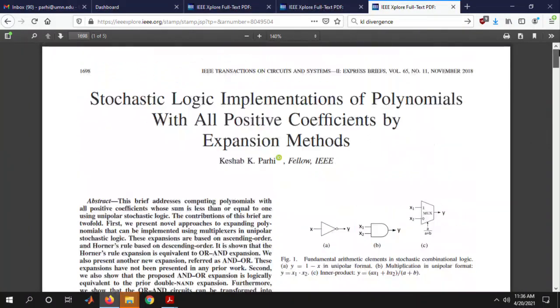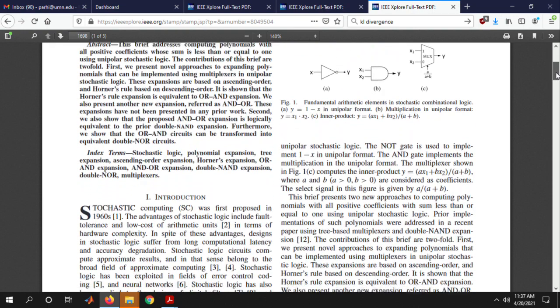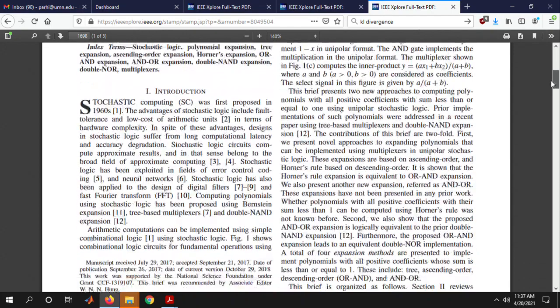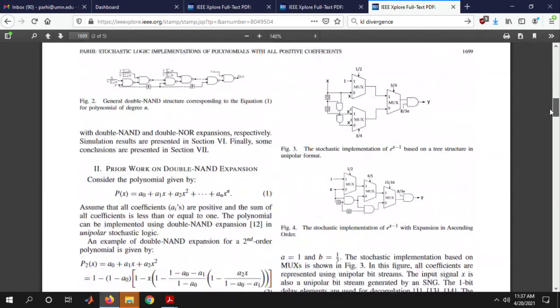In this paper, I am trying to assume the case when the stochastic logic polynomial has all positive coefficients. And I am trying to describe how to expand these kinds of polynomials using unipolar logic in several ways, probably 3 ways, maybe 4 ways.